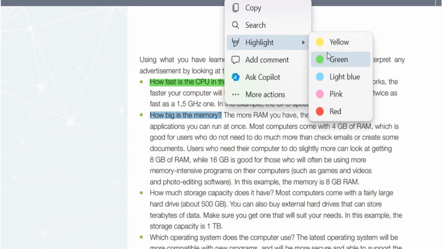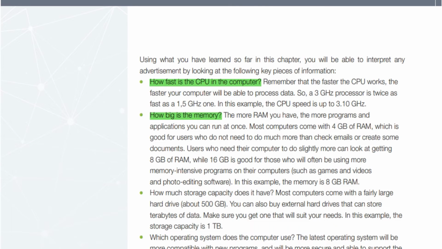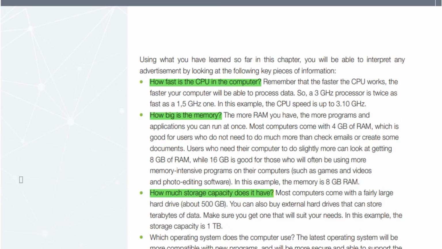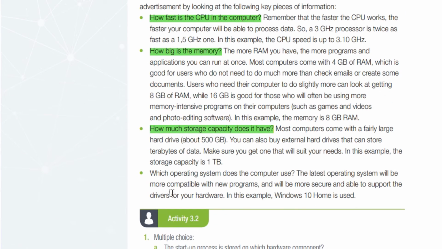How much storage capacity does it have? And which operating system does the computer use?